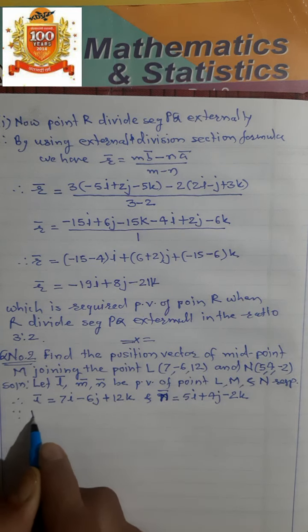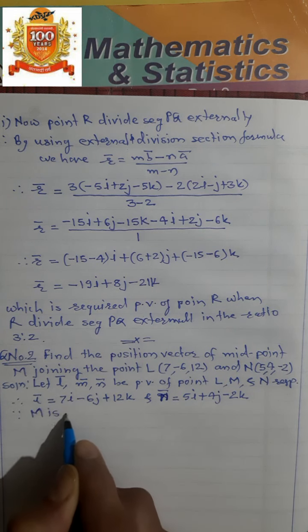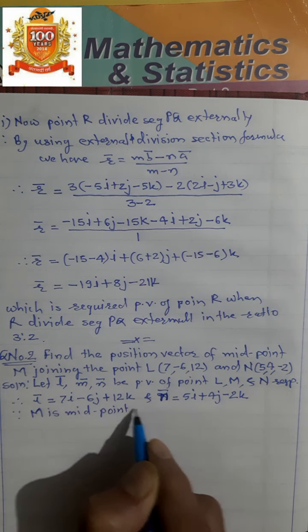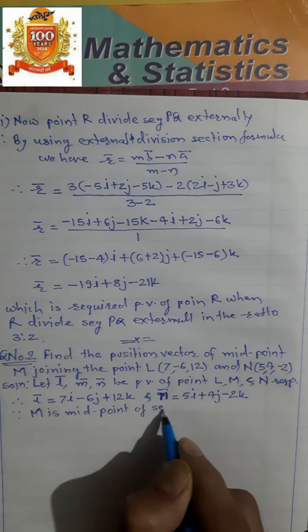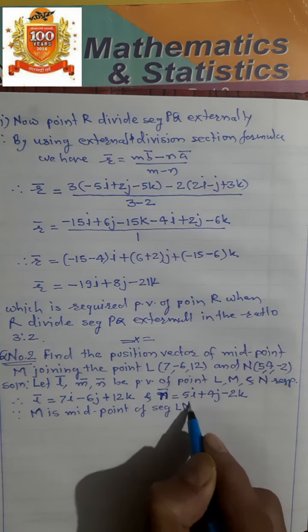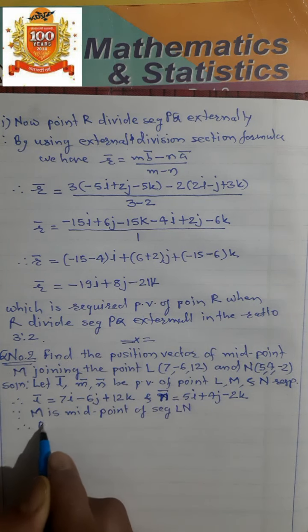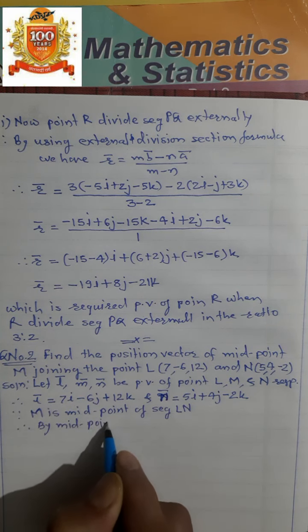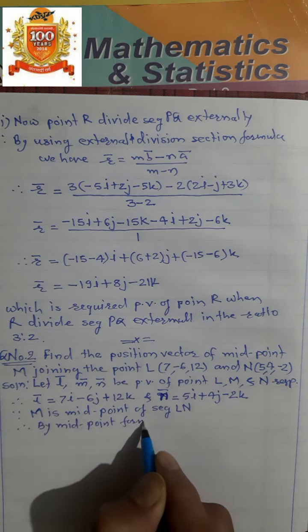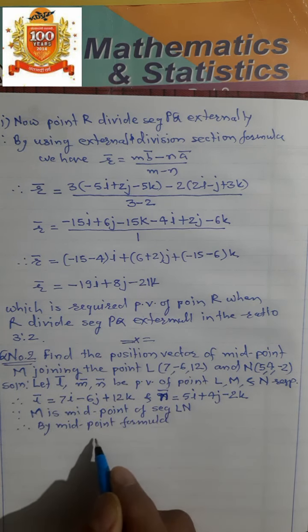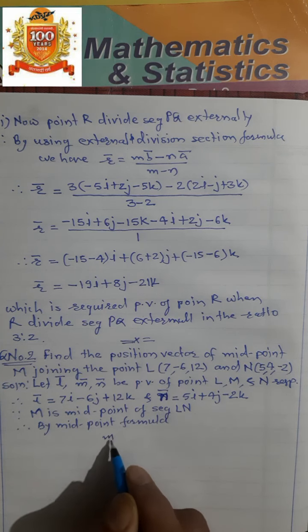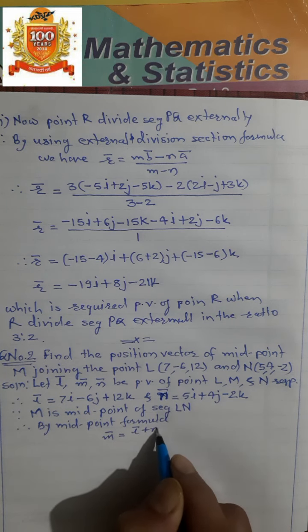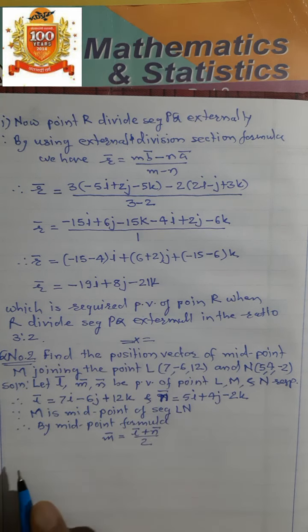Since M is the midpoint of segment LN, therefore by the midpoint formula, M bar is equal to (L bar plus N bar) upon 2.